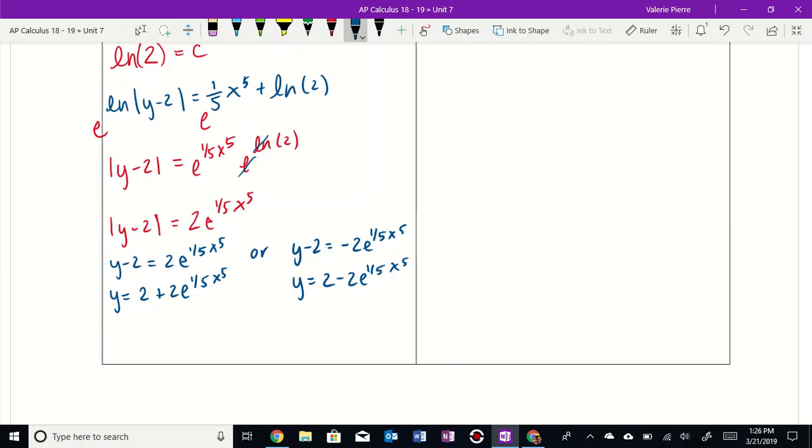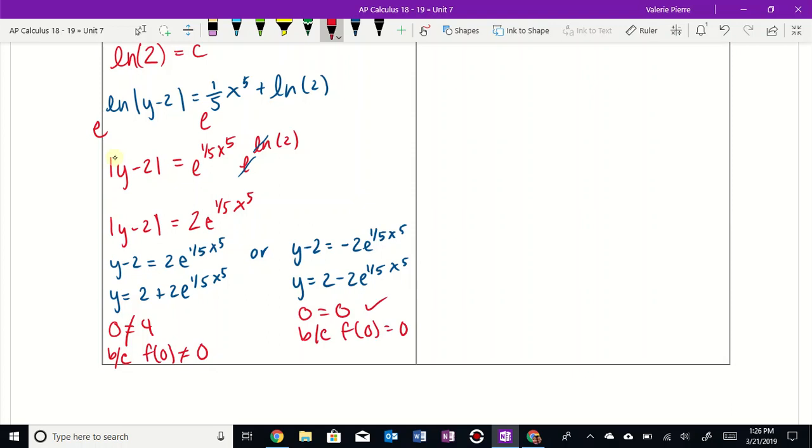So if we plug in 0 on the left equation, we get 0 equals 4, which is not the case. So this equation doesn't work because f of 0 does not equal 0. However, in the right equation, if we plug in 0, we get 0 equals 0, which is correct because f of 0 equals 0.